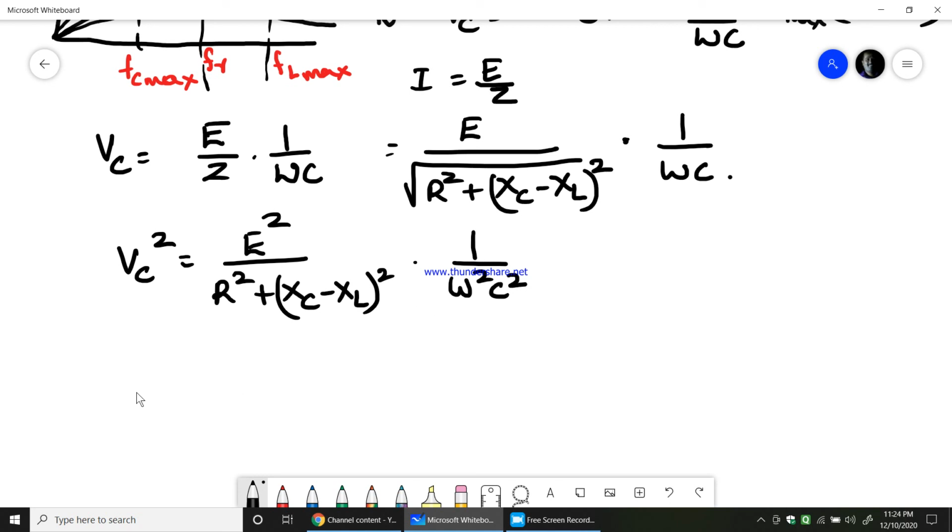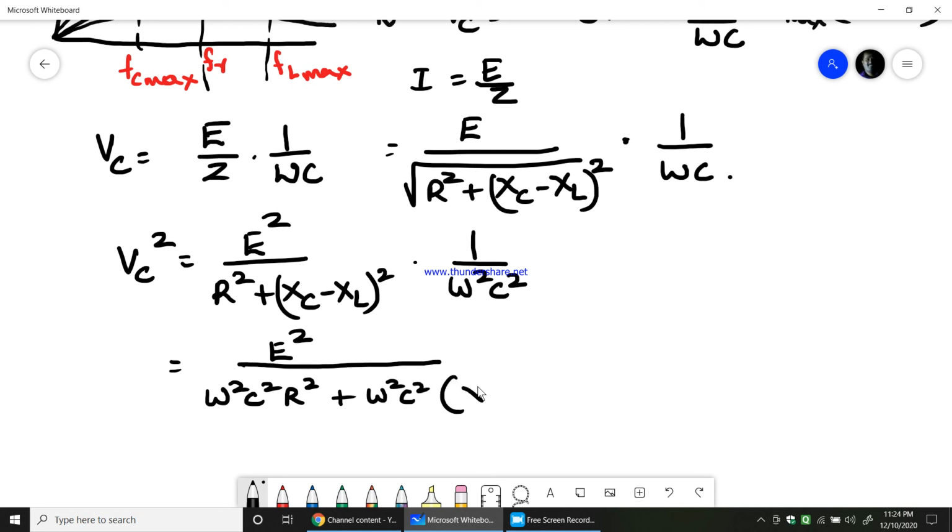So Vc square would be equal to E square divided by, if I multiply this, omega square c square R square plus omega square c square into (Xc minus XL) the whole square. So this is my Vc square.